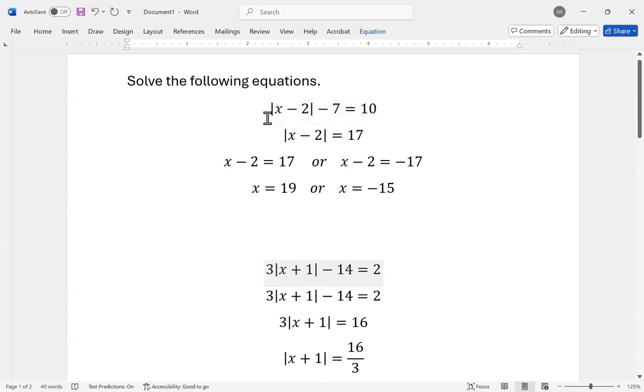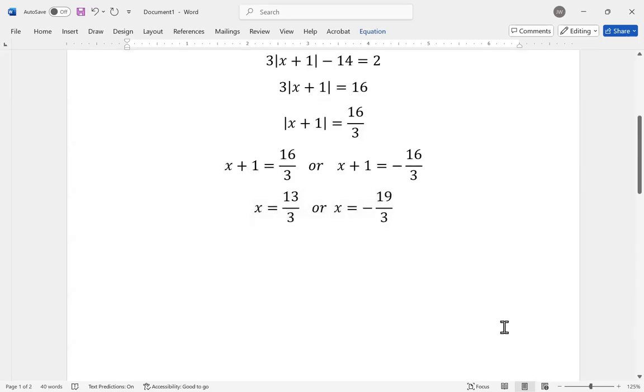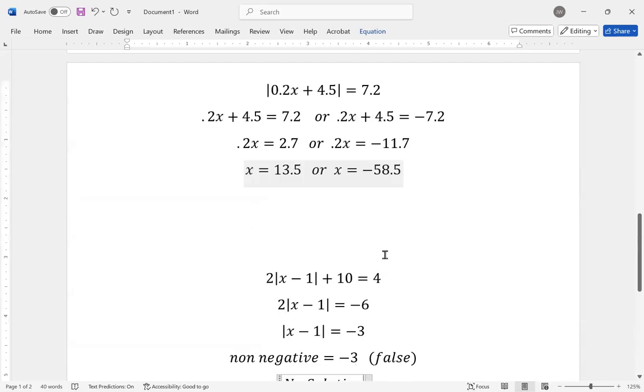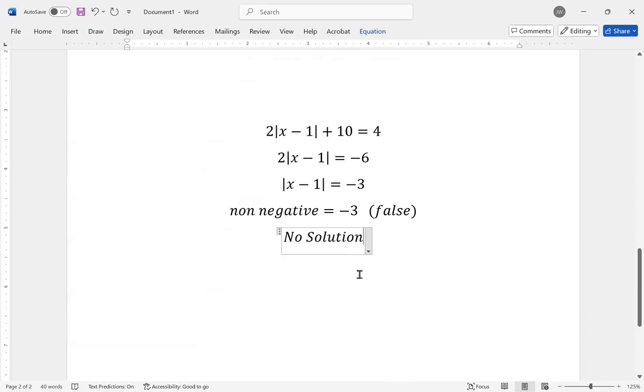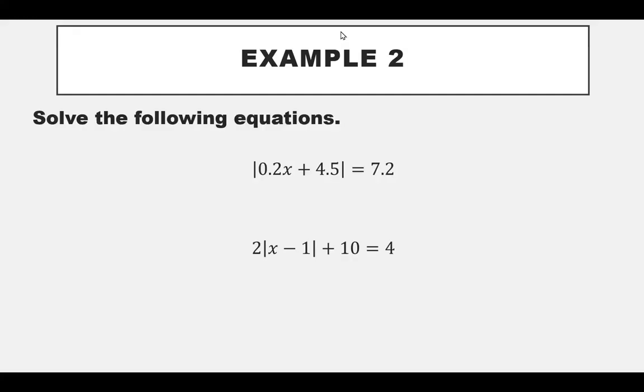There are more complicated absolute value equations that we'll get to, and we might see a couple later on in a different section, but these are the types that we focus on in this section. Those types being that we have a single variable inside our absolute value, and then there are no other variables anywhere else.